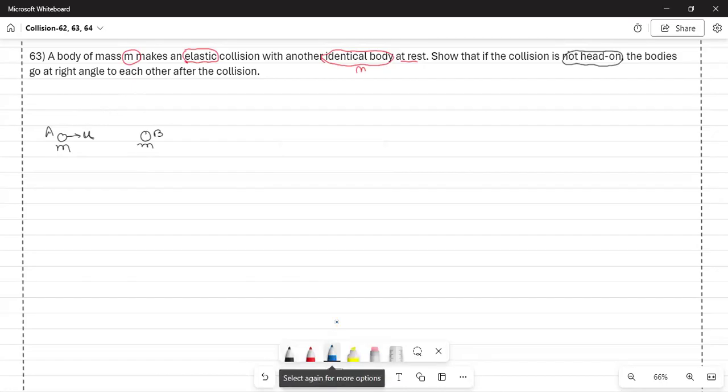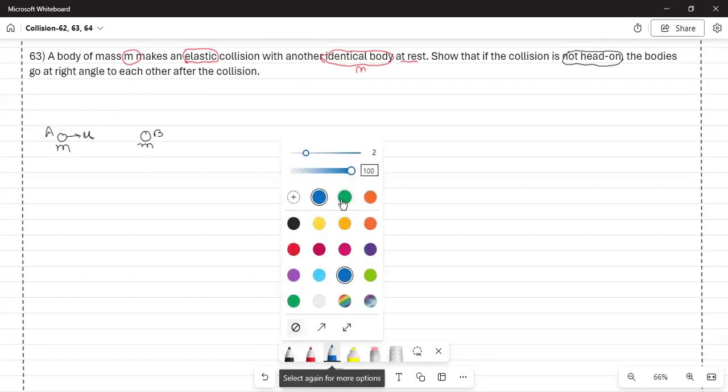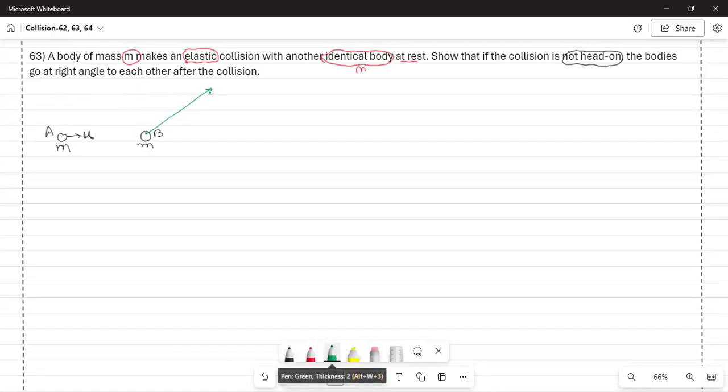Let us say one goes this way and another goes this way. Let us say this is where A goes, and this is where B goes.